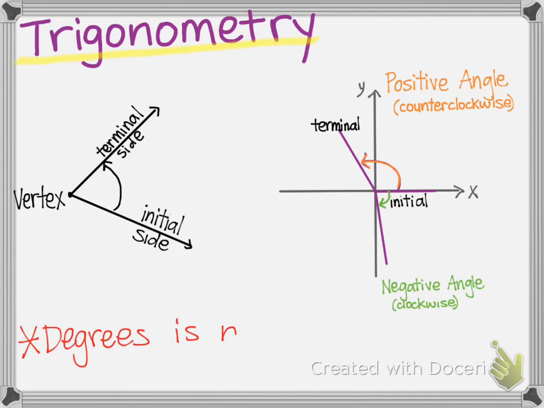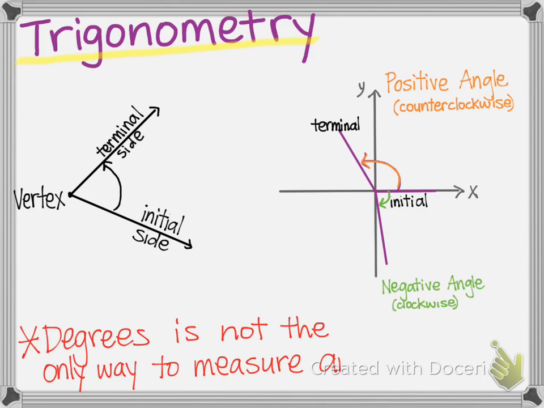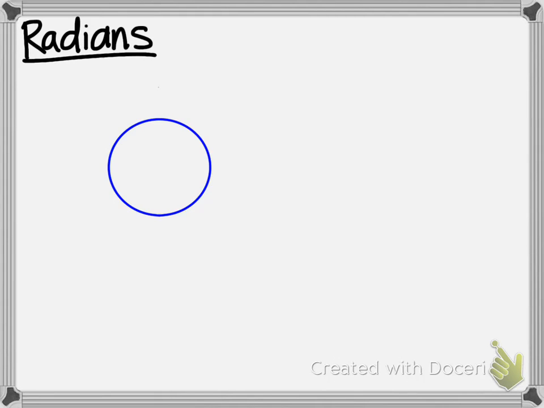Now when we're looking at these angle measures, we've learned degrees, but degrees is not the only way we can measure angles. Another way that we can measure angles is in radians.